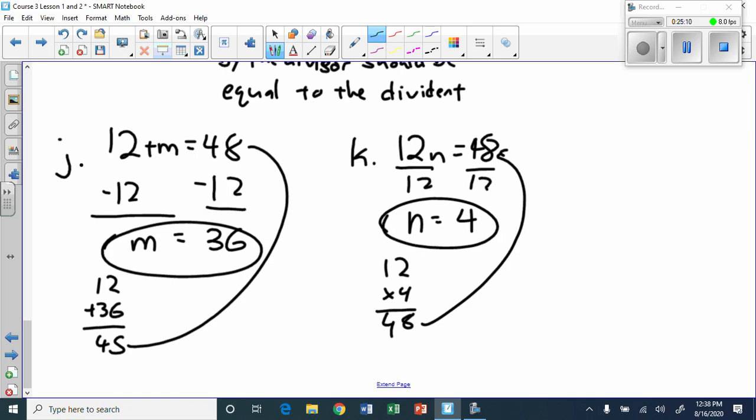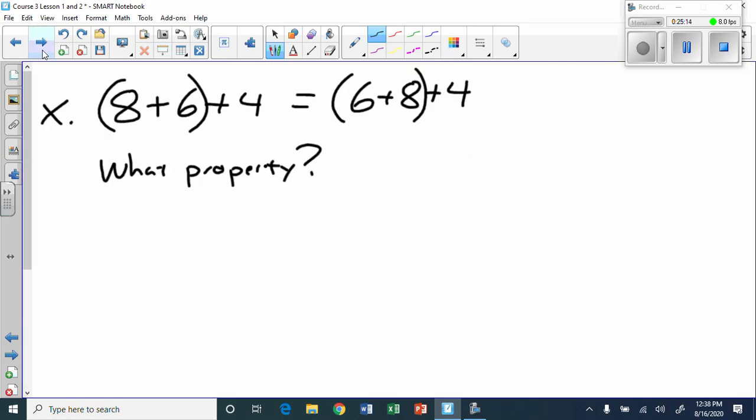Before I let you go, there's a problem S. Looking at this one right here, 8 plus 6 plus 4 equals 6 plus 8 plus 4. We've got parentheses. What is my property? Do you have an answer?